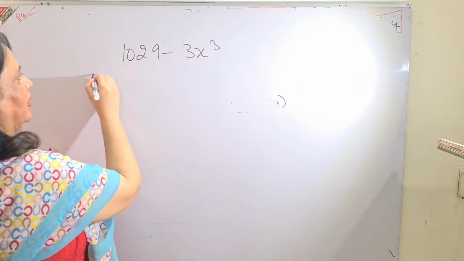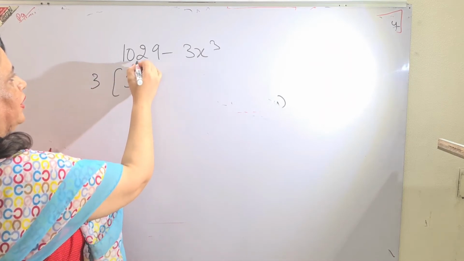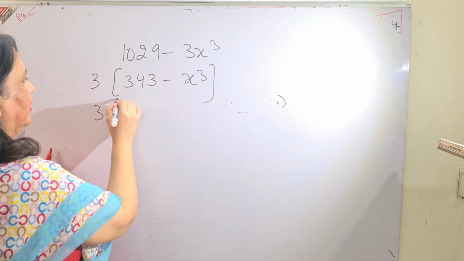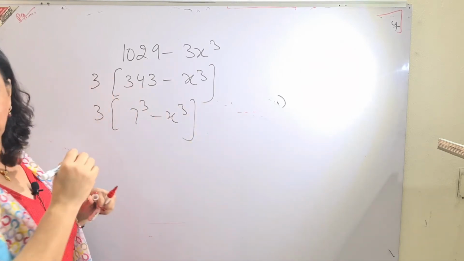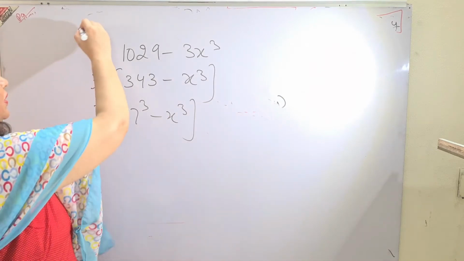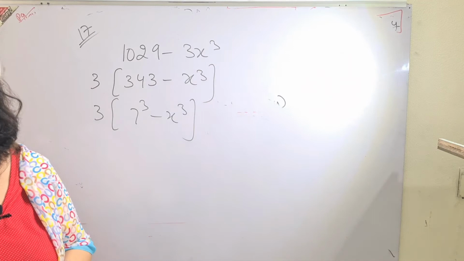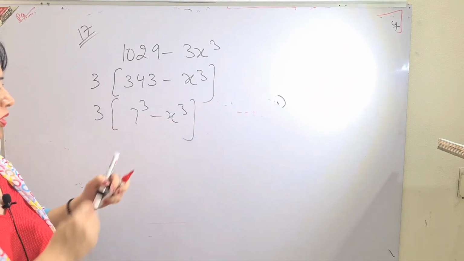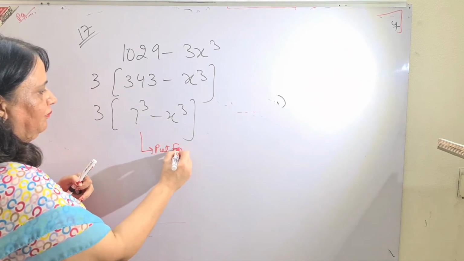Again children, take 3 common. 3 3s are 9, 3 4s are 12, 3 3s are 343 minus x cube, and I'll just give the hint: 3 into 7 cube minus x cube, and you can do this sum. This is also one of the important sums of the paper, question number 17, page number 74, exercise 5D. So I've given you the hint, then don't leave it here only, put the formula.